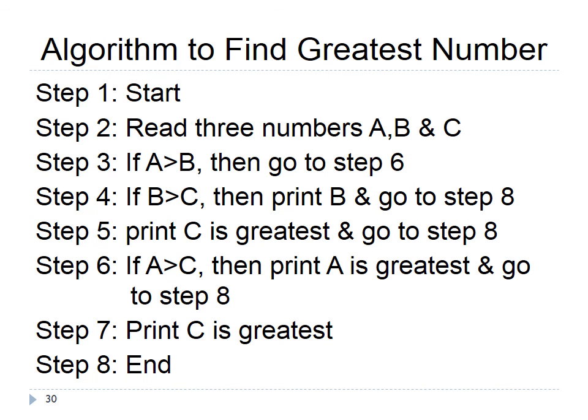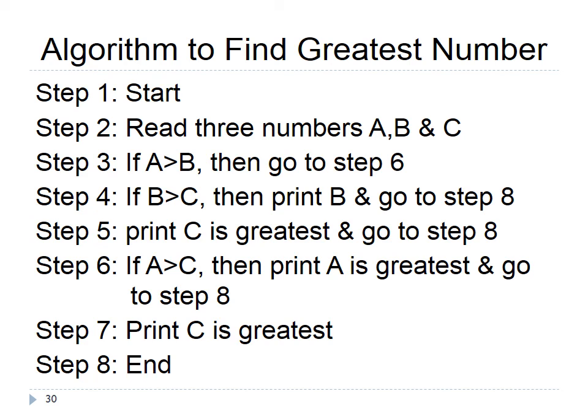In the next example, we will find the greatest number. Step 1: Start the algorithm. Step 2: Read three numbers A, B, and C, or we can take values from the user and store them in the variables A, B, and C. Step 3: Compare two variables A and B. If A is greater than B, then go to step 6.